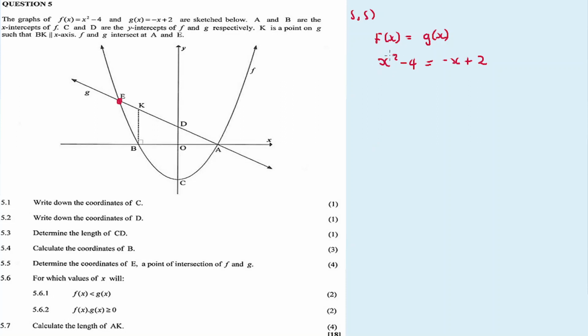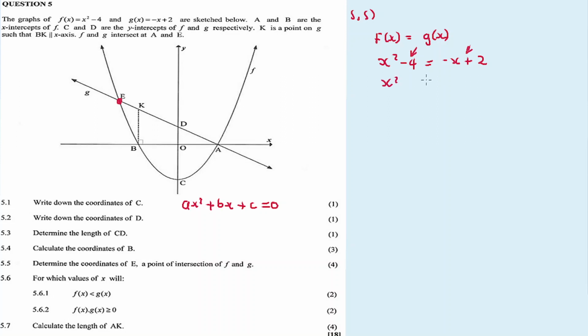Once we equate the equations of the straight line as well as the quadratic, we will get a quadratic equation. So this equation we treat as a quadratic equation, meaning I must write it in its standard form, ax squared plus bx plus c is equal to 0. Meaning what is on the right you move to the left so that it is all 0.